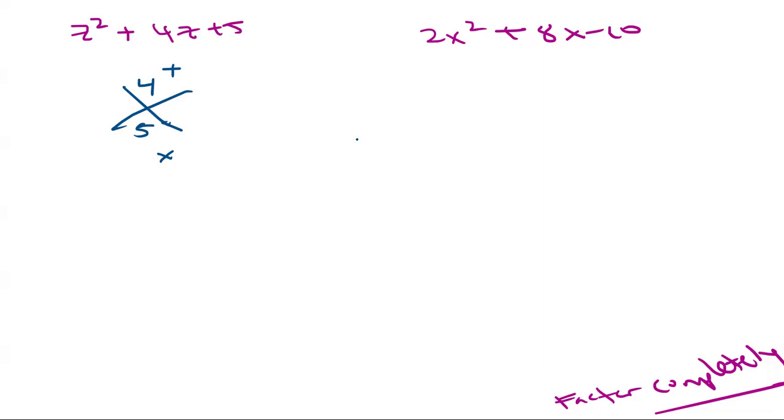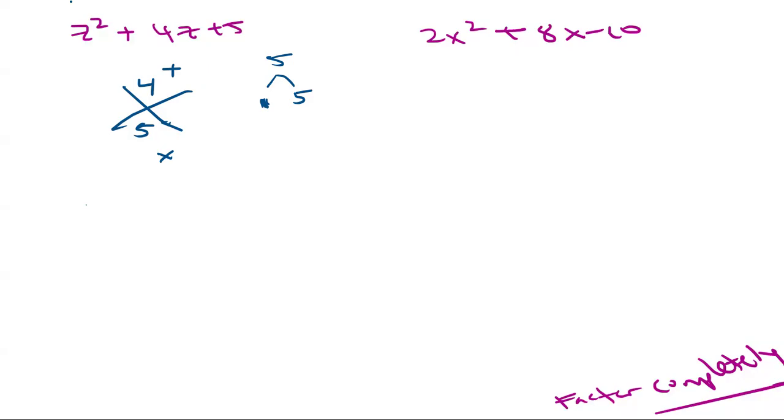Well, the factors of 5 are 1 and 5. We don't have to worry about the negatives because all of these are positive. So 1 plus 5 is 6, and 1 times 5 is 5. So it gives me the multiplication, but it doesn't give me the addition part.